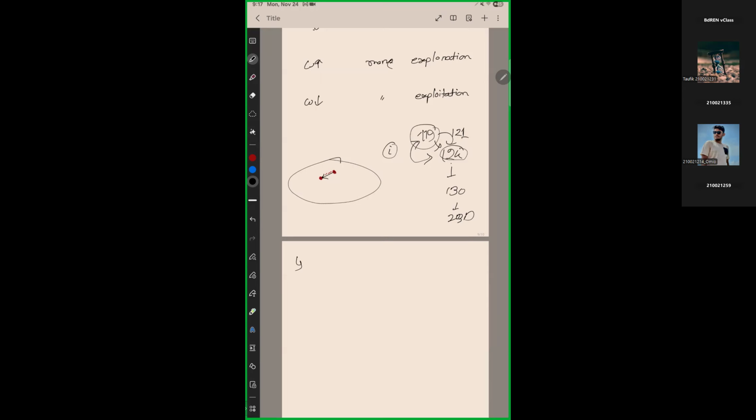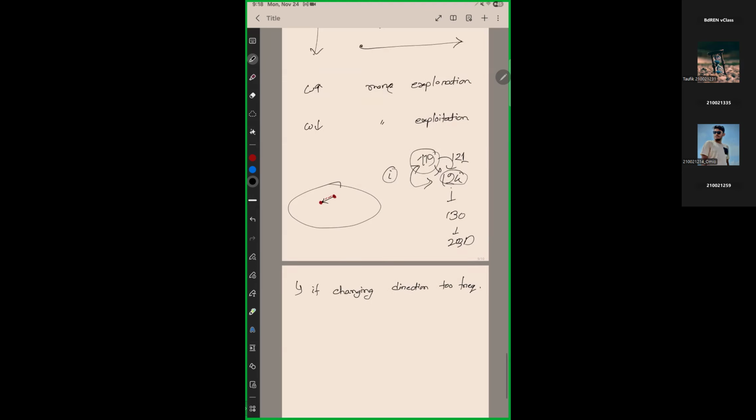Okay, now let's see. If you are changing direction too frequently, you see, this is the velocity, right? There are other two terms that will actually give you the direction, which direction to move.